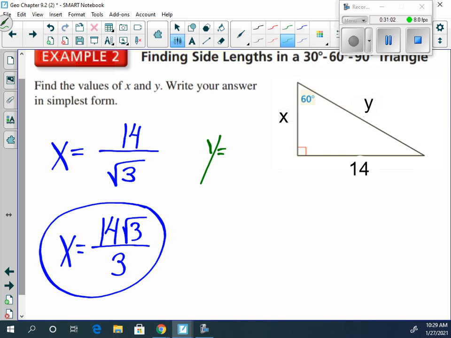But we still need to find what? The hypotenuse, yes? So to find the hypotenuse, we would multiply 14 square root of 3 over 3 by 2.